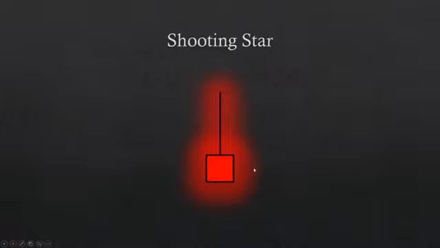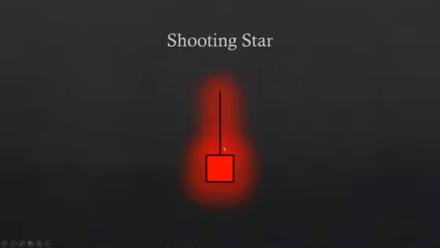The second difference is that a shooting star has a bearish body while the inverted hammer has a bullish body. The shooting star pattern is formed by a candlestick with a small bearish body that sits in the lower range of the candlestick and a long upper tail. It received its name because it resembles the silhouette of a shooting star. So that's one way of memorizing the pattern.